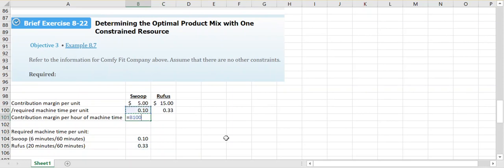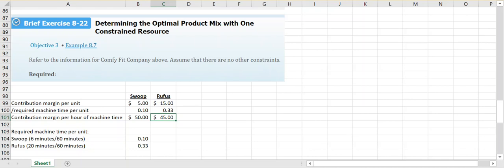So we take our contribution margin per unit divided by the fraction of time, because we had to put it into a fraction of an hour, since that's what our resource constraint is: hours. That means for the Swoop sweatshirt, we make $50 per machine hour of time. On the Rufus, we only make $45 per hour of machine time.